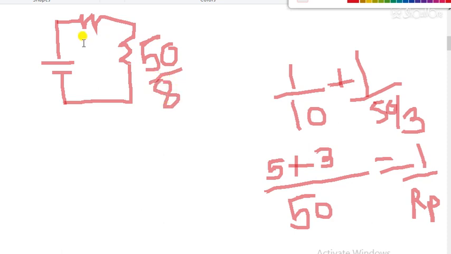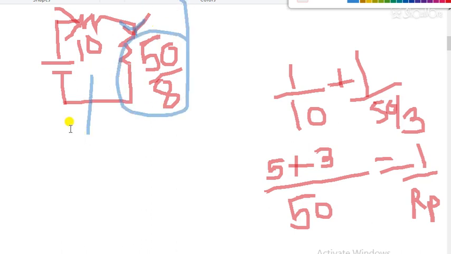And this other value is 10. Now students, you can see if I connect a battery here, the same current will be flowing through this 10 ohm and the same current will flow through 50 by 8. That means the current in these two resistances is the same, so the resultant will be their sum because these two are in series.